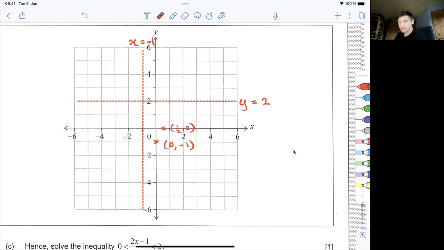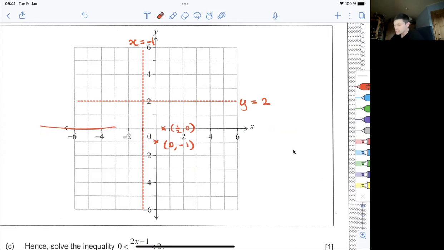It tends towards that value. Equally, as x tends towards negative infinity, going this way, our line is going to come down and tend towards y equals 2, but it won't ever touch that line.